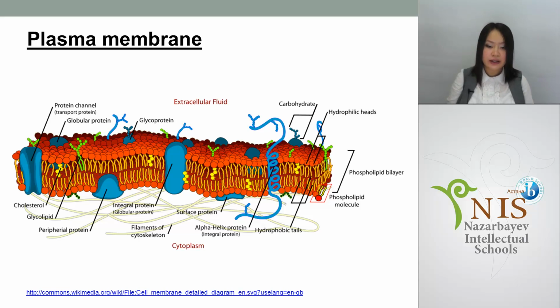then you could find here cholesterol. What is the function of cholesterol? It will keep the shape of the cell membrane and so of the whole cell.